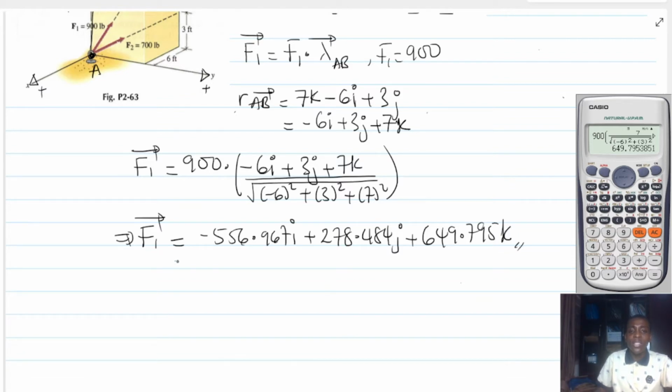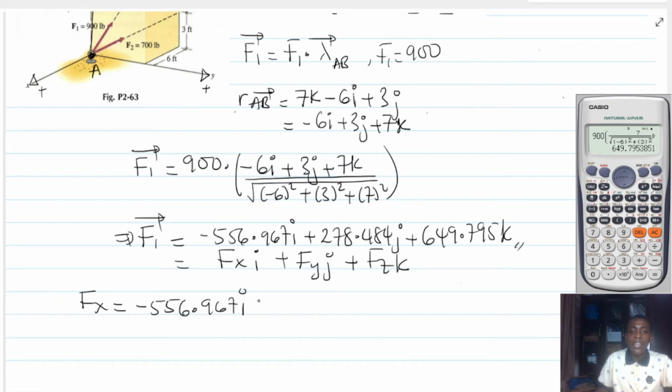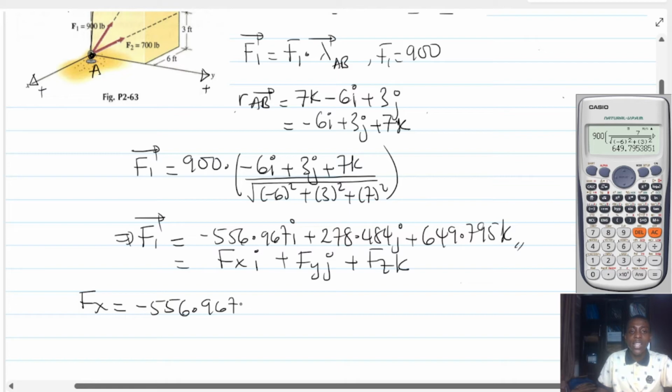Now, this component is the x component, this is the y component, and this is the z component. In other words, Fx is minus 556.967. If I want the scalar component, that is it, and this is in pounds.